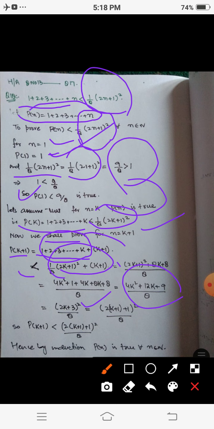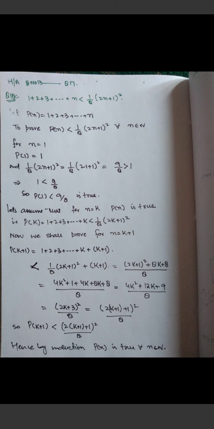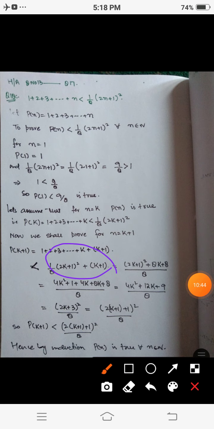So this term is simply (2(k + 1) + 1)² upon 8, because 2k + 2 + 1 is simply 2k + 3. But this term is greater than P(k+1), which implies that P(k+1) is less than (2(k + 1) + 1)² upon 8.